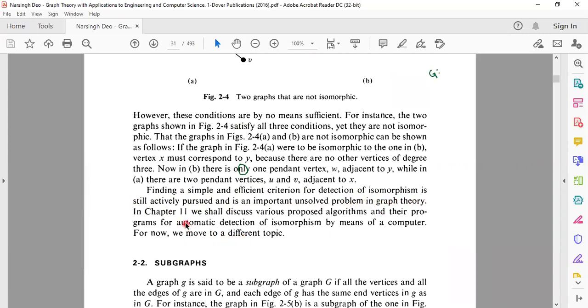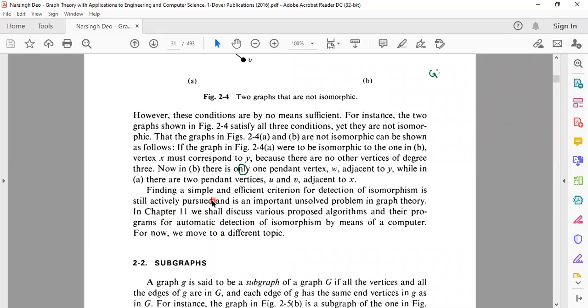No general rule, no universal theory has yet been developed, which can find two graphs to be isomorphic. But in chapter 11, you are going to see that several algorithms have been proposed. Their computer programs have been shown to you, where to some extent you can find the graphs to be isomorphic, but yet those algorithms cannot find isomorphism between all types of graphs.